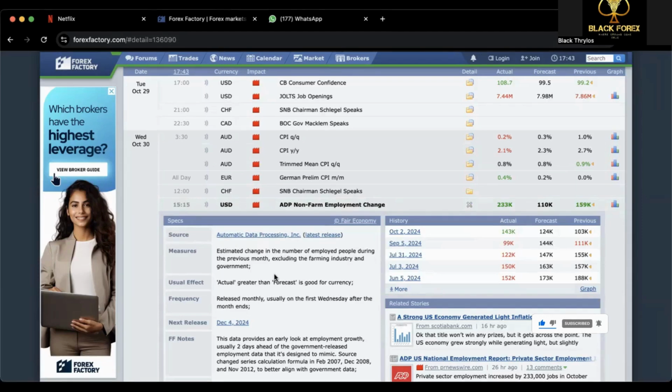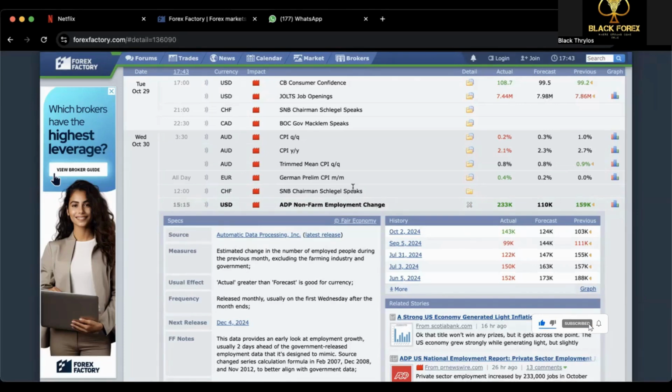Okay. Now, this one is the ADP non-farm employment change. And then on Friday, we have the non-farm payrolls, right? So here we have the employment change. And then on Friday, we have the payrolls. Obviously, this is a great indication because this shows the employment change.